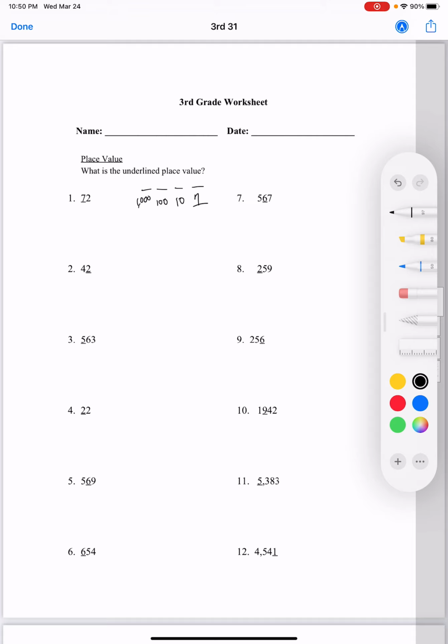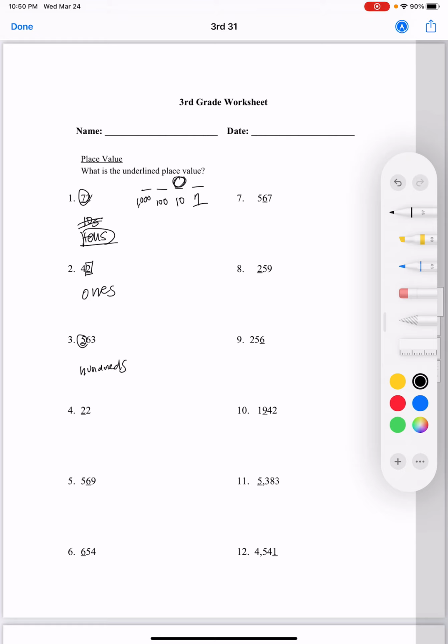So number 1, we have 72. The 7 is underlined. It's in the second place from the right, so it's in the tens. Or I think it's better to just write it out. This one, the 2 is underlined, which is in the ones place, so ones. 563, the 5 is underlined, that's the hundreds place.